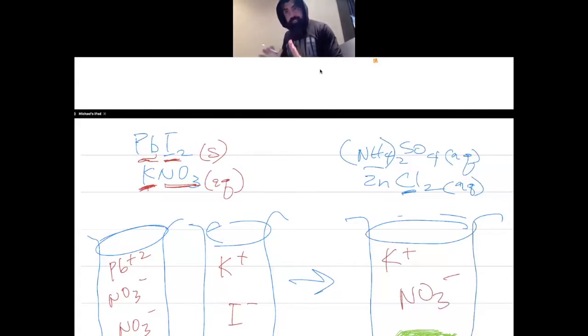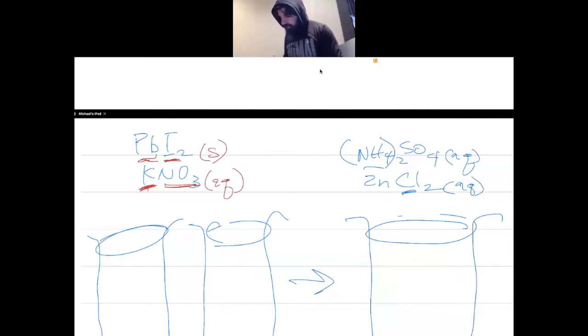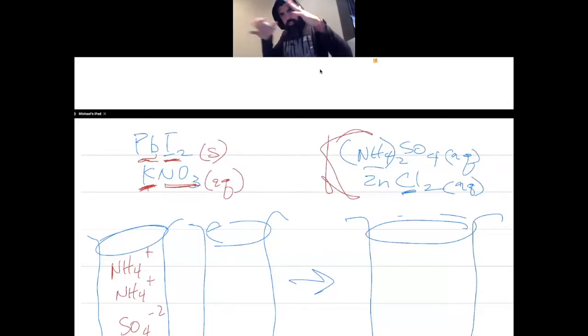Now what I'm going to do is erase parts of this diagram to put in the other reaction, the one that forms no reaction. So we're going to be looking at this one right here. In one beaker, we are going to have NH4 ions, the ammonium ions, and a sulfate ion, all floating around, dissolved in water.